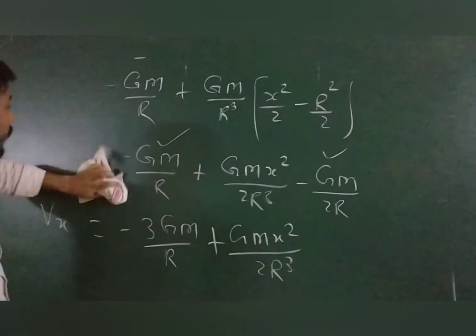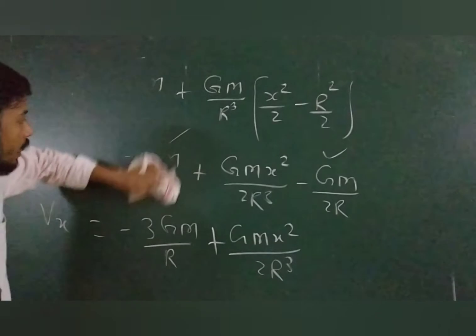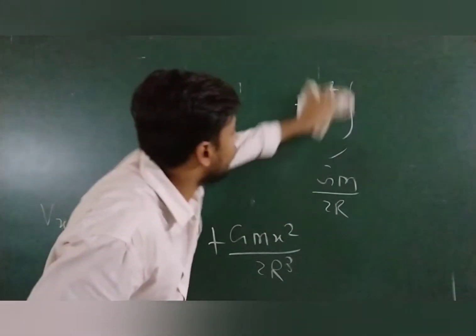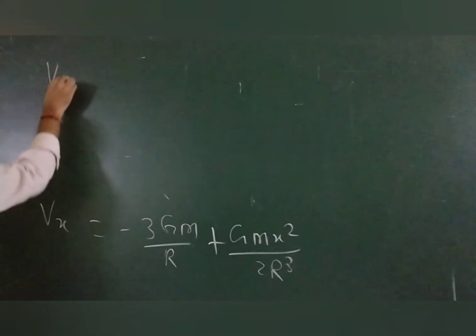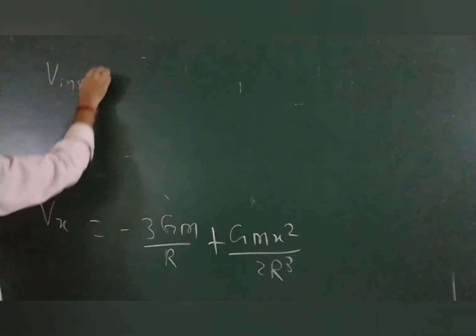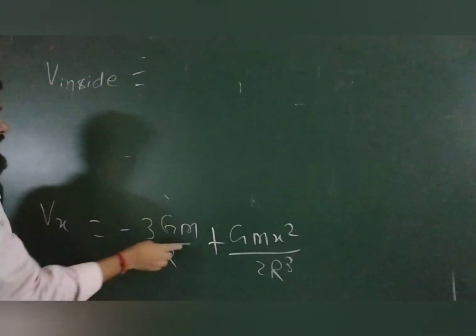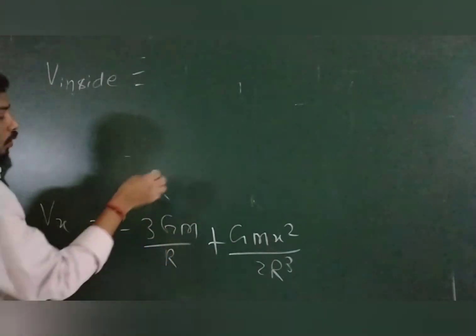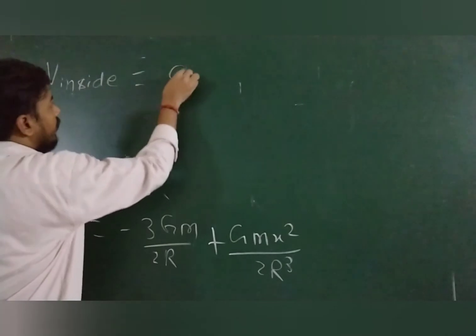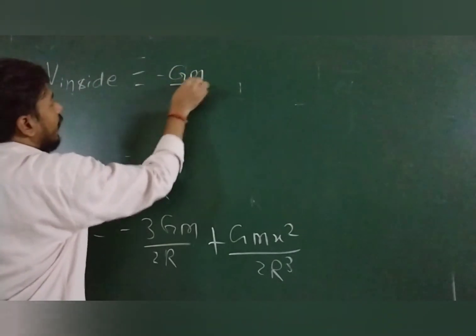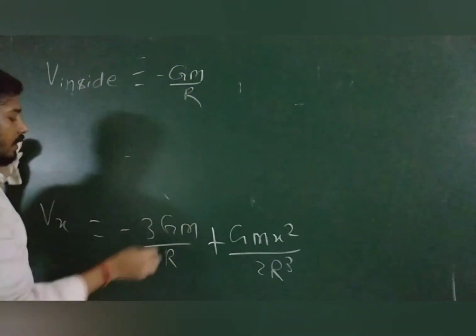Now we know that this is the gravitational potential inside. So at the place of x, I write the inside potential. What can we take common from here? We can take minus Gm by R common.